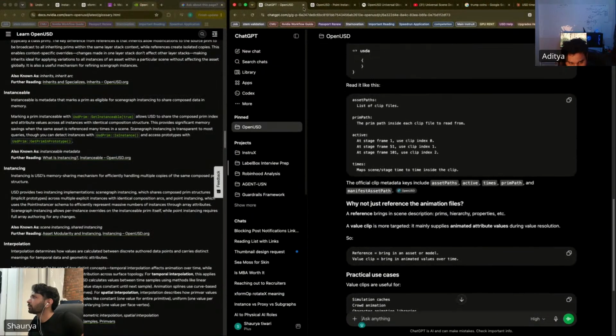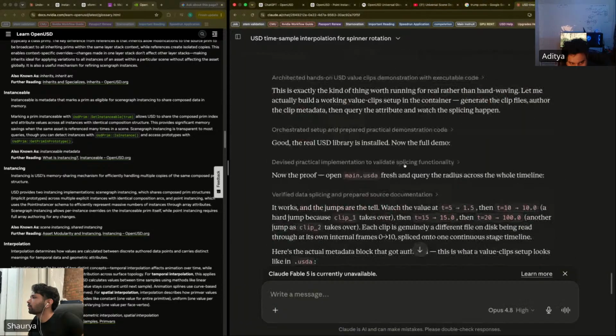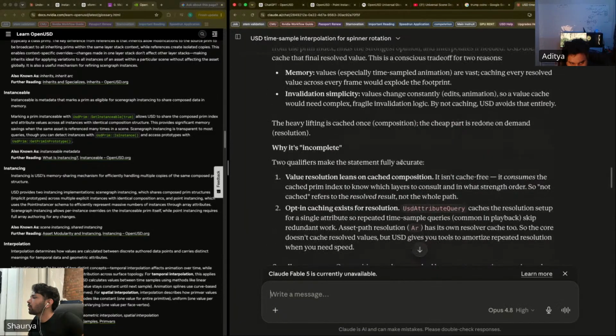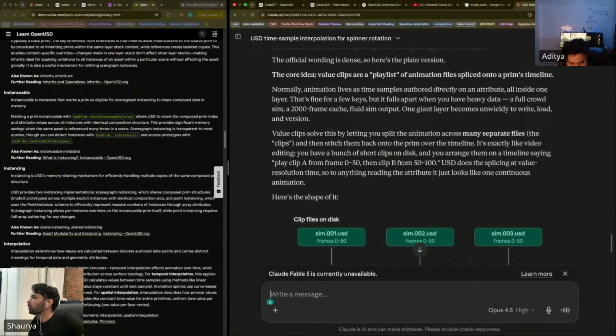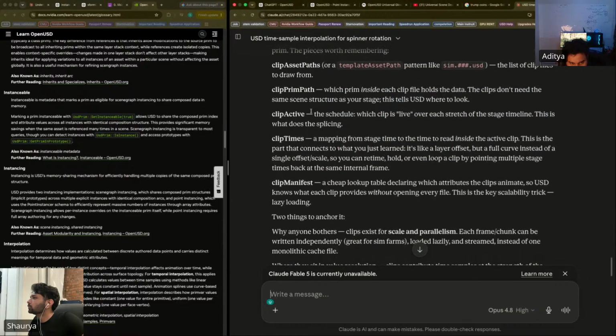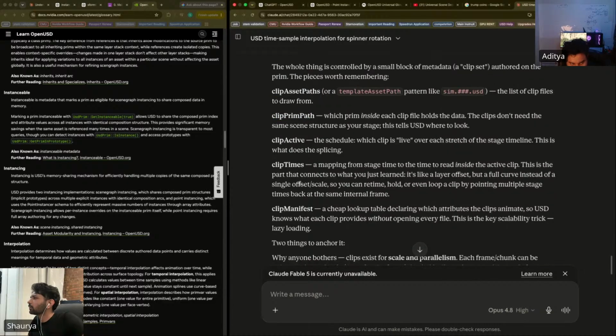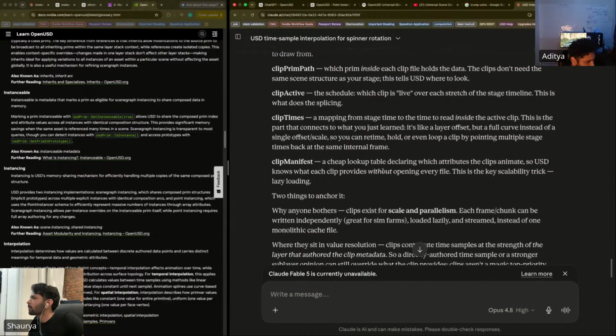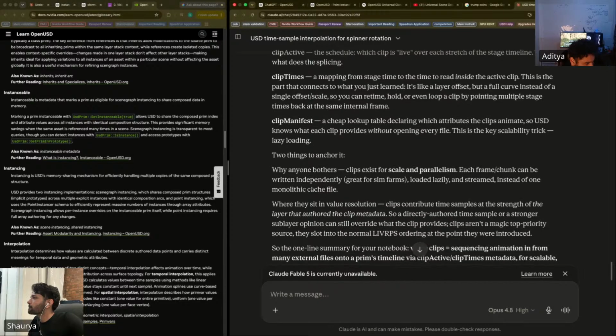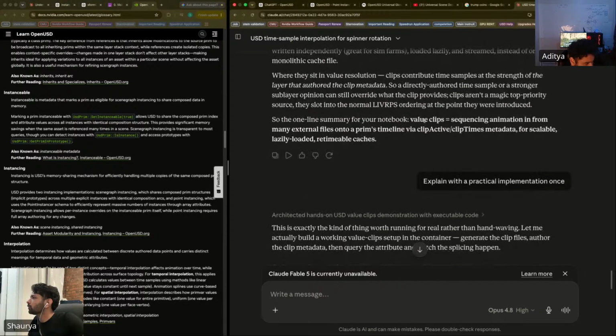Where is it? Clip asset paths, clip active, clip manifest, value clip, sequencing animation.